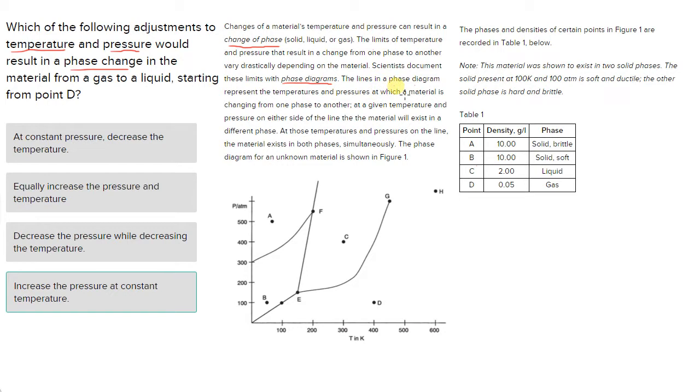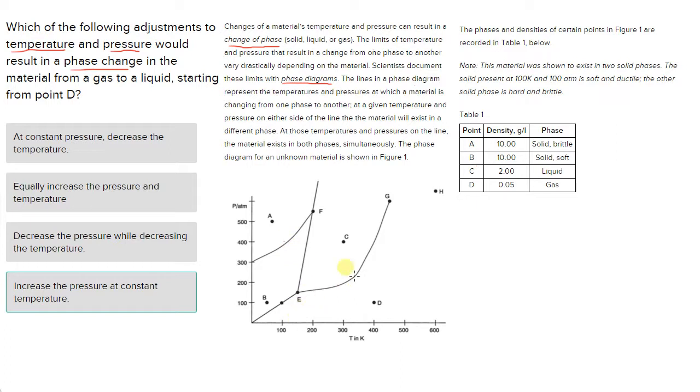The lines in a phase diagram represent the temperatures and pressures at which a material is changing from one phase to another. At a given temperature and pressure on either side of the line, the material exists in a different phase. At temperatures and pressures on the line, the material exists in both phases simultaneously. So this is a phase diagram, and based on what you just read, on one side of this line we have a material that's one phase, and on the other side of this line we have a material that's a different phase.